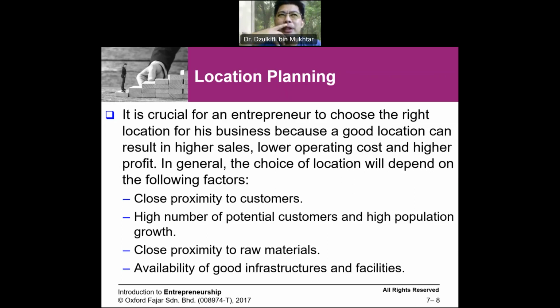Okay, for example, if we are looking for customers, a location that has something to offer about the crowd, I think the higher sales, the aim here is to get higher sales, although the operating cost is quite high. And sometimes people say that it is better to be in a shopping mall or department store, because you are guaranteed the captive market.